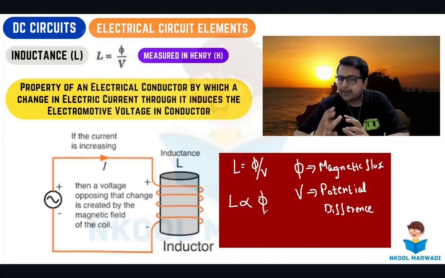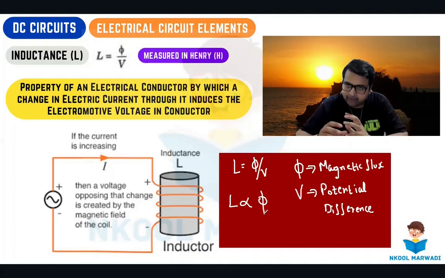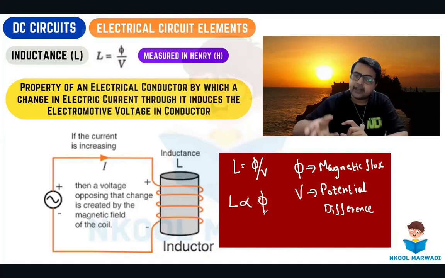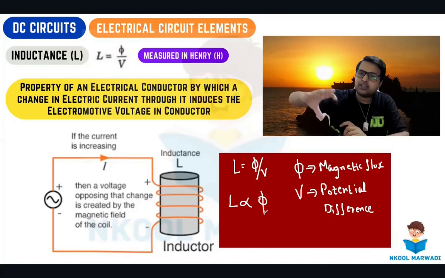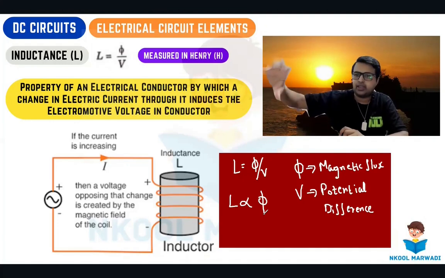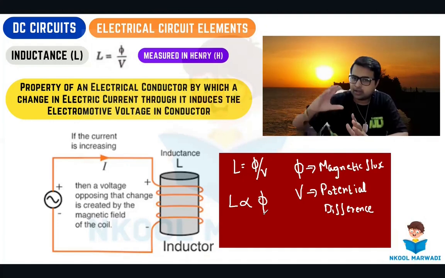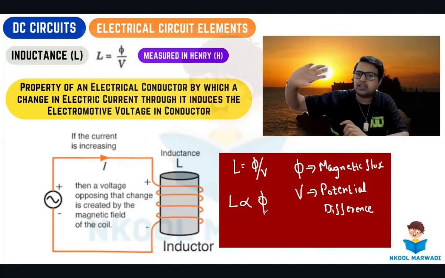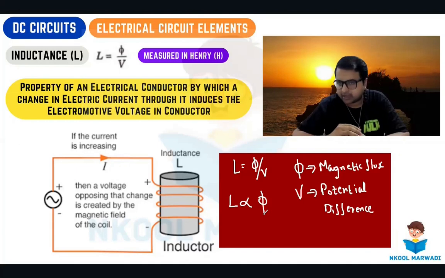So if current is trying to increase, it means magnetic flux is trying to increase, so inductance will also increase. And when inductance increases, it will generate an opposing magnetic flux, which will try to neutralize the effect. So in short, inductance opposes the change of magnitude of magnetic flux.